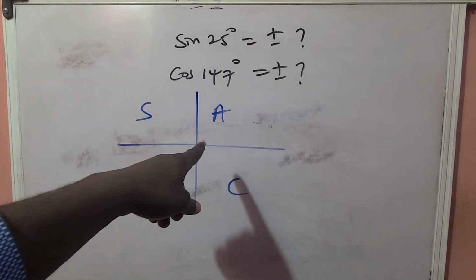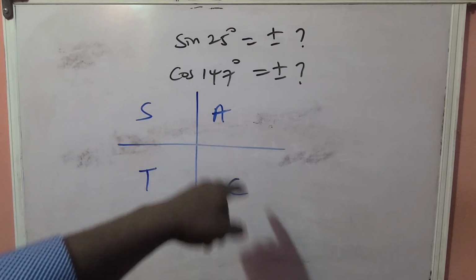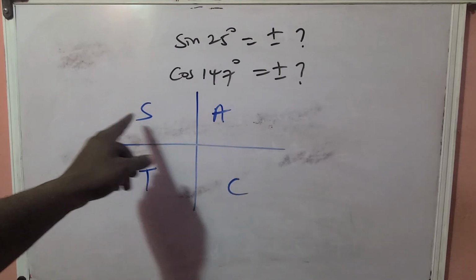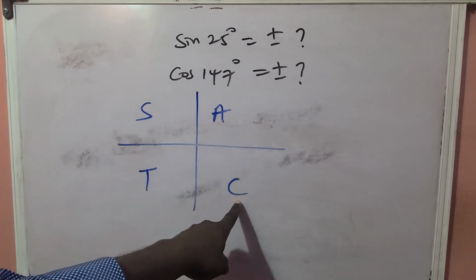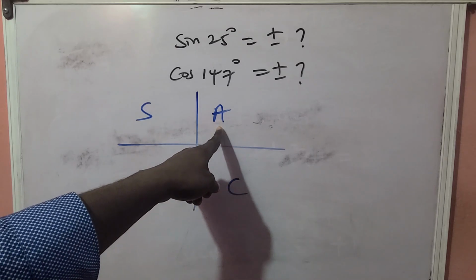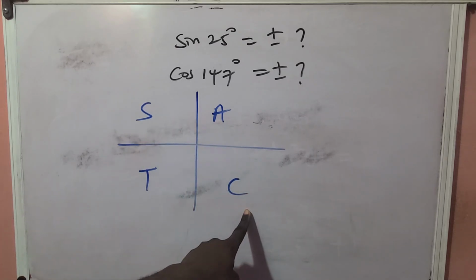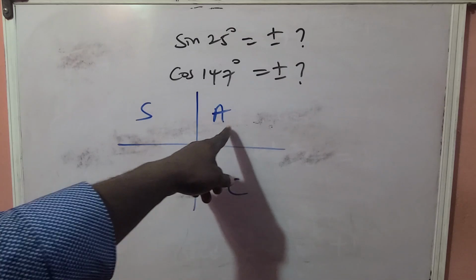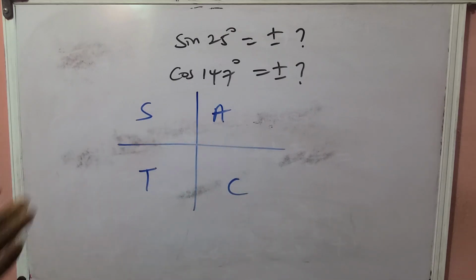For instance, some people will say ACTS, that's hacked. Some other people will say CAST. Some other people will say all students take calculus. Some other people will say add sugar to coffee. So there are different ways. It depends on however you are able to process this that you can use to identify the letters in this particular quadrant in front of us.